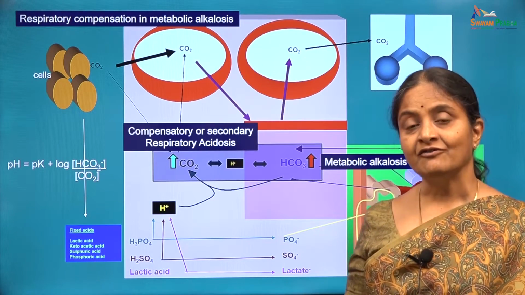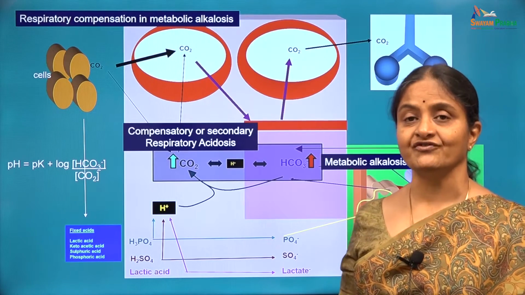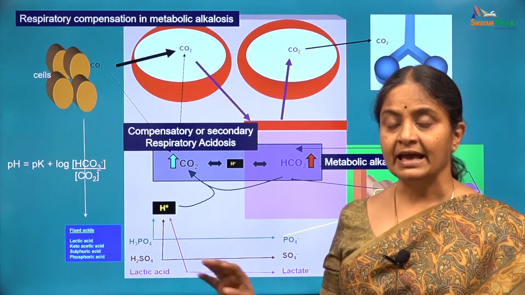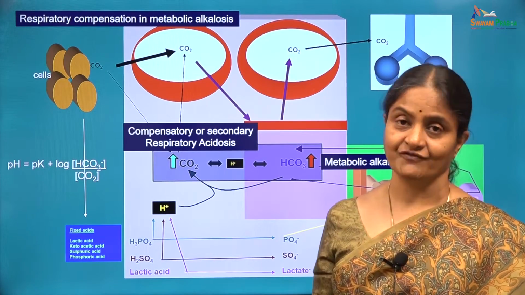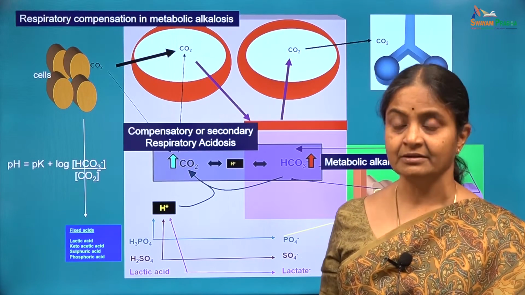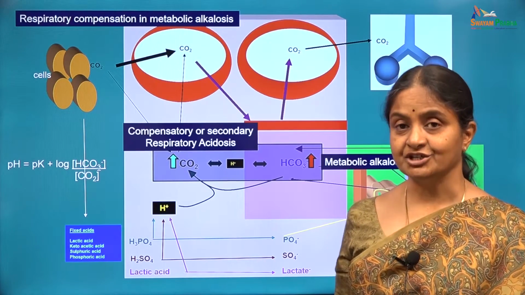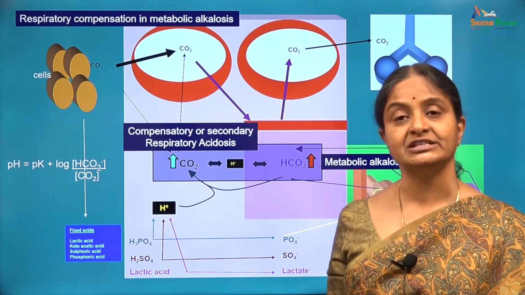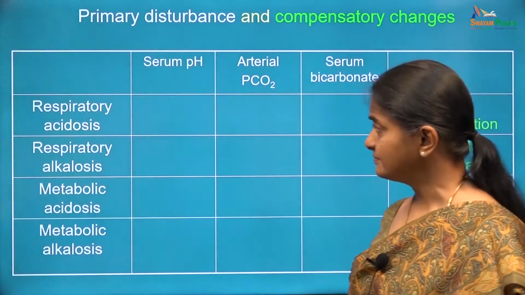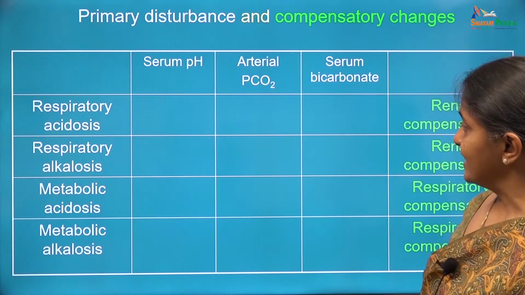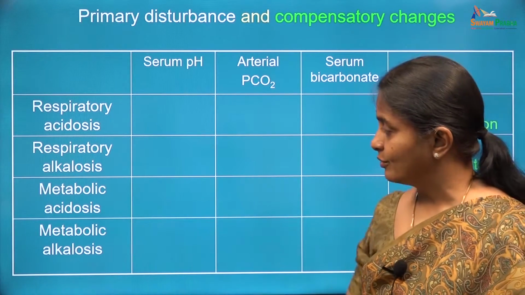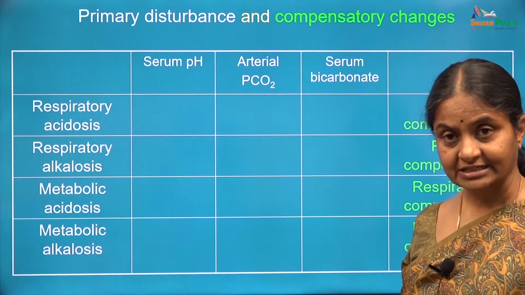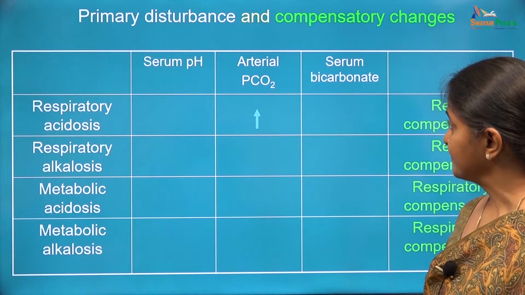We have now seen 4 major classes of pH disorders and compensatory mechanisms thereof: the lungs compensating for metabolic conditions and the kidneys compensating for respiratory conditions. Let's see them all together. These are the 4 classes of pH disorders we will be discussing in the subsequent lectures.